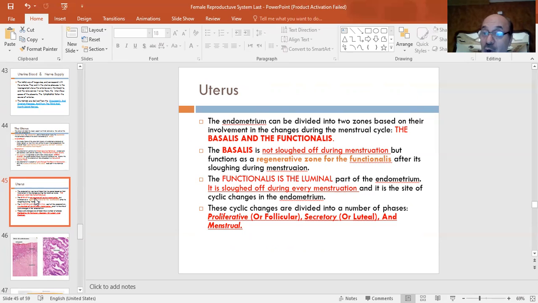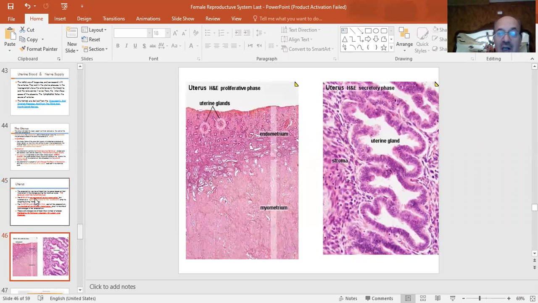So at the same time the oocyte is developing, and by the time it reaches the maturity stage, the mature ovarian follicle, the same hormone, follicle stimulating hormone, has stimulated the endometrium lining the uterus to grow thicker. So we have two layers: the stratum basalis and the stratum functionalis.